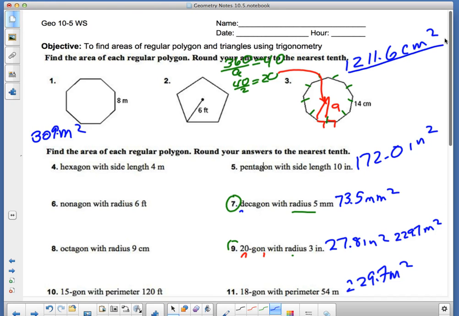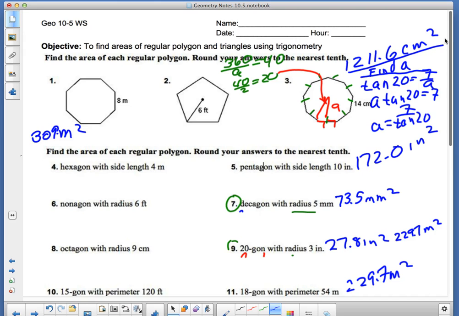Remember, that's my answer, my apothem, so find A. I'm just going to put that in there. I'm finding A here, and I've got the tangent of 20 is equal to 7 over A. A tangent 20 equals 7. So A is equal to 7 divided by the tangent of 20. Now I've got A. I've got N, which, keep in mind, was 9, and S, which is 14.